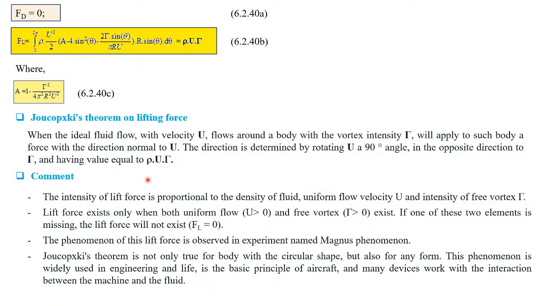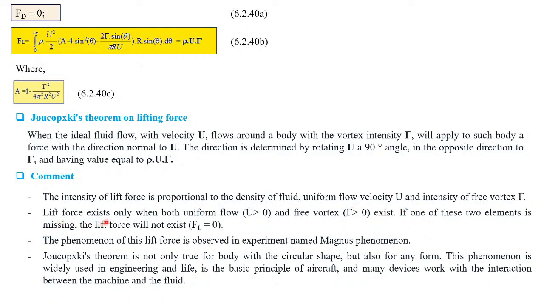That means the value of the lift force increases if rho increases, U increases, or gamma increases. The intensity of the lift force is proportional to rho, U, and gamma.